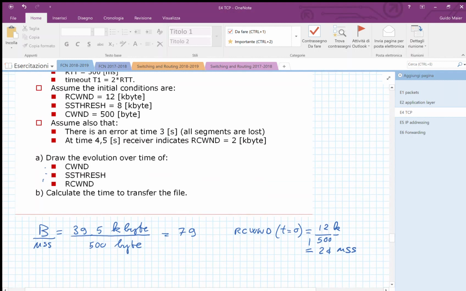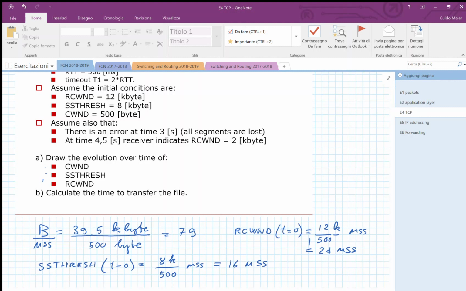Okay. Slow start threshold also at time t equal to 0 will be 8 kilobytes divided by 500, and that is 16 maximum segment size.